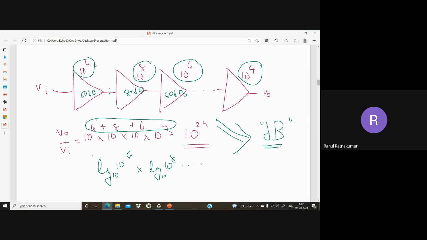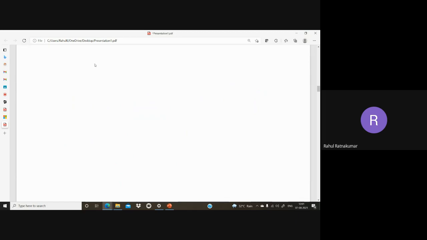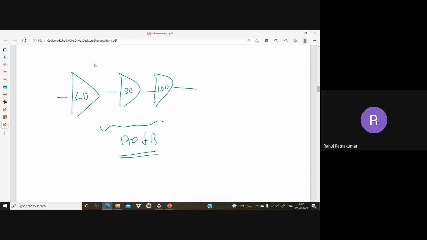So this 10 raised to 8 can be considered as 160 decibels, something like that. Instead of multiplying all these different gains, it's easier for us to add the gains in decibels. So it's much easier. This is maybe 40 dB, this is 30 dB, this is 100 dB or whatever. So we can just add, the net gain is 170 dB, just adding all those gains.